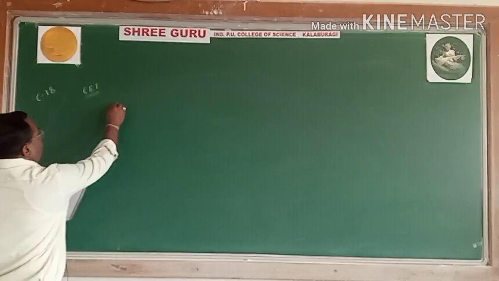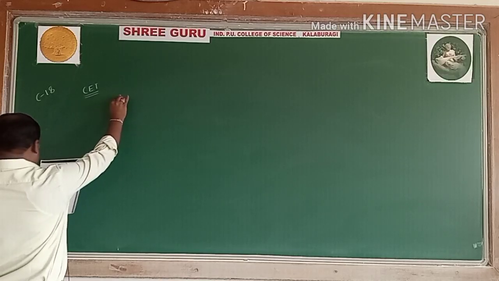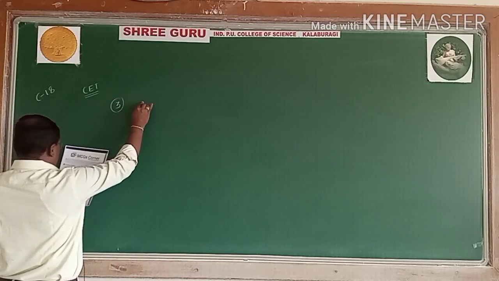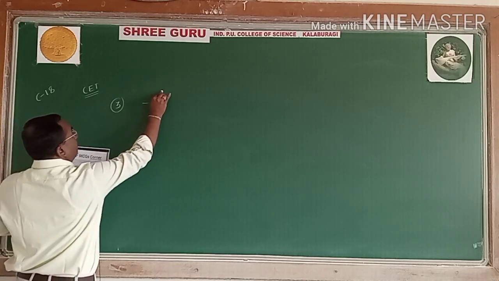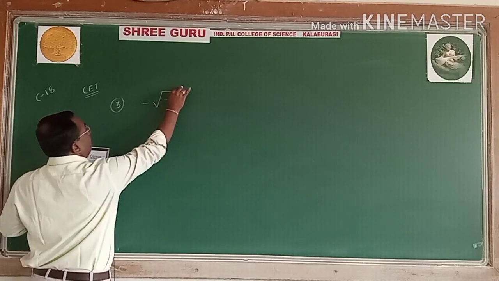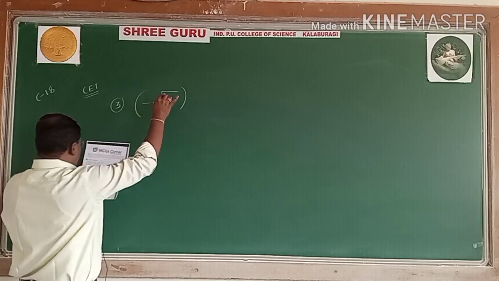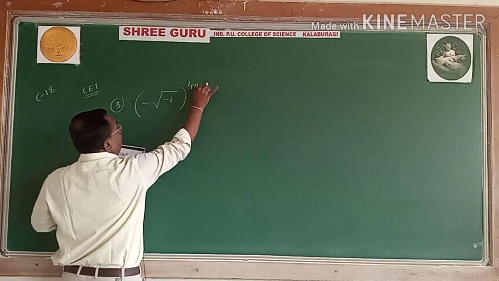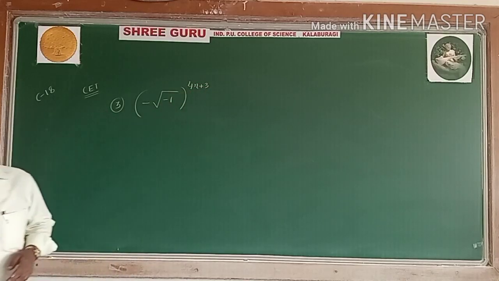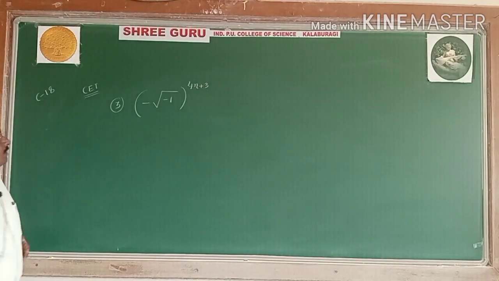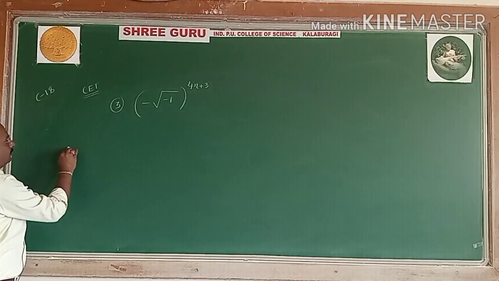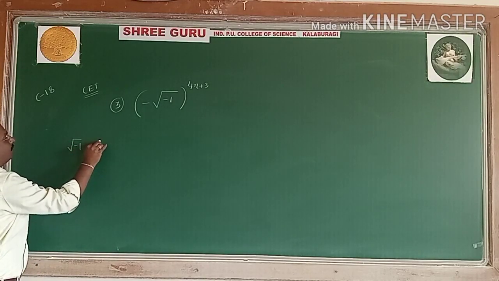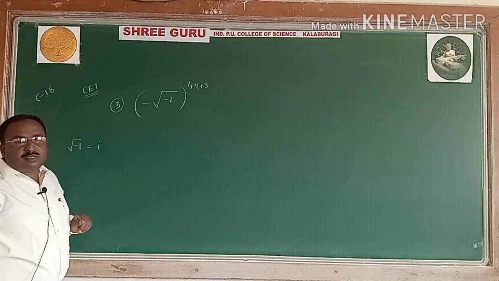Example number 3. The value of minus root of minus 1, whole to the power 4n plus 3. Do you know that the value of root of minus 1 is what? i.